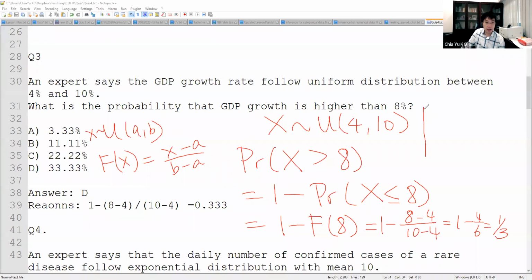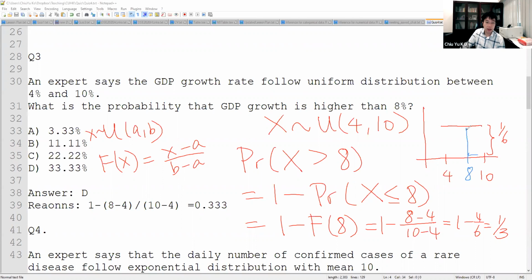Alternatively, if you remember, the probability is just the area under the curve, okay? So it's between 4 and 10, okay? And the height of this is 1/6, right? And the question asked is what is 8 and onward?